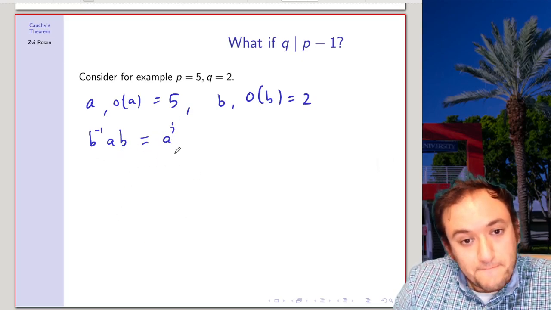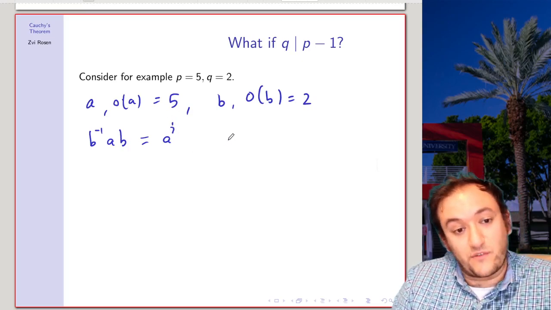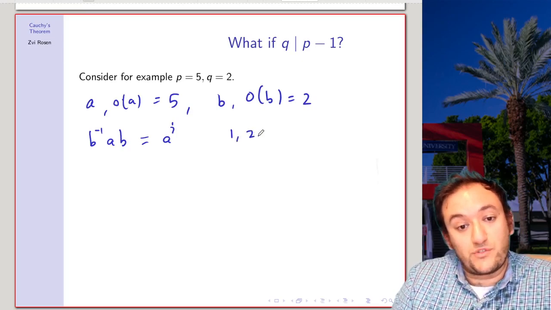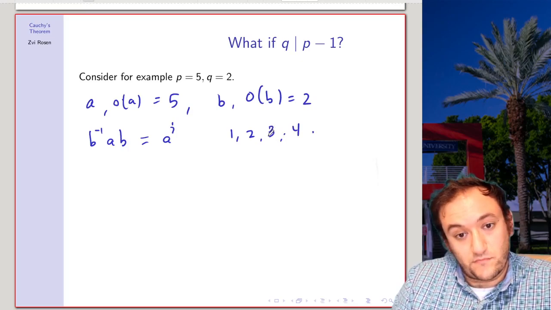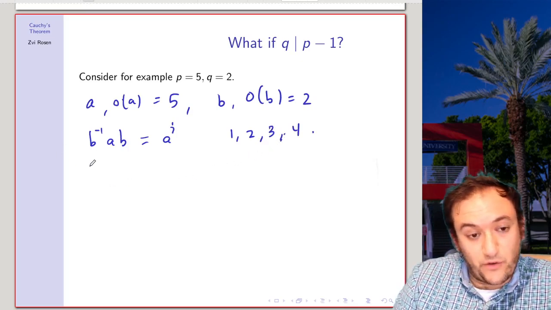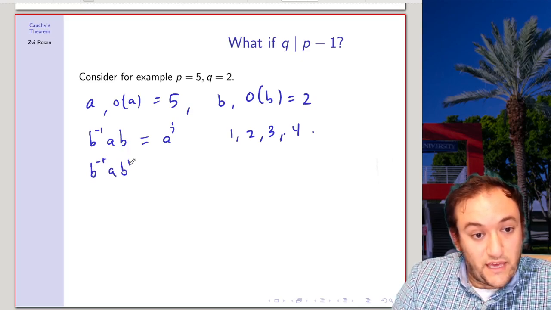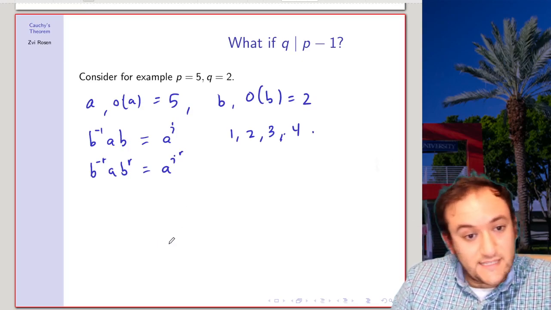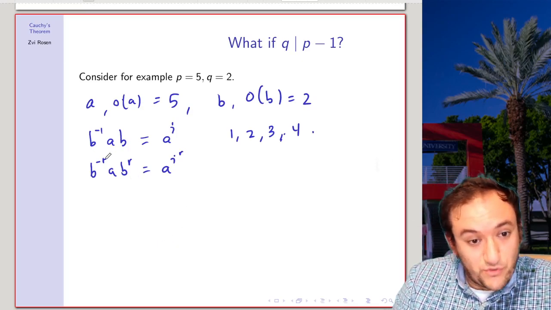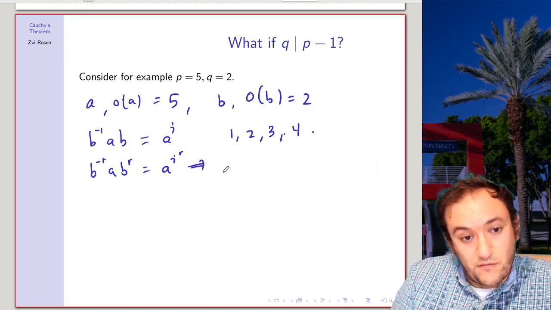How many different values are possible? We know that I is going to be 1, 2, 3, or 4. And we know B to the minus R, A, B to the R equals A to the I to the R. Because B has order 2, we'll set R equal to 2, which means A is equal to A to the I squared.